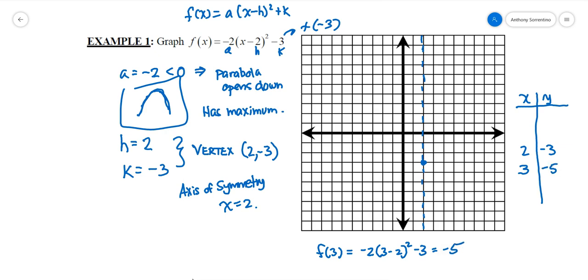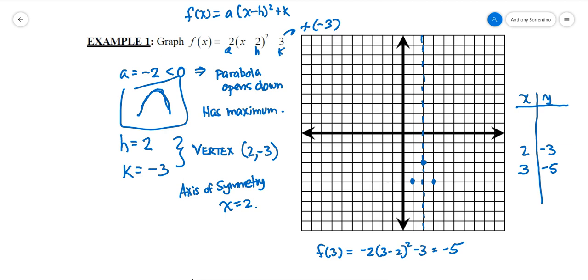So I have -5 here. So I can plot that. 3, -5 would be here. That's 1 unit to the right of the axis of symmetry, so there should be 1 at the same level on the left of it. It's a mirror image. So every time I find 1 additional point, I'm actually finding a second.